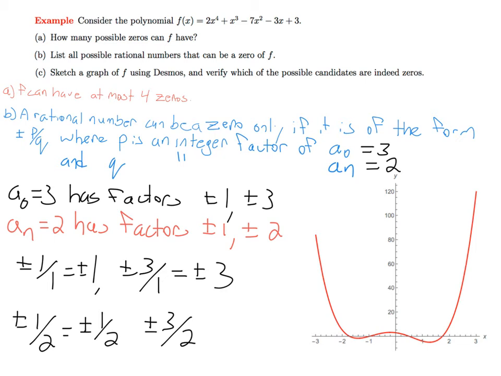And what we would see is that over here, minus 1 is indeed a 0. So this gives us x equals -1, that works. And over here, we can also see that x equals 1/2 also works.